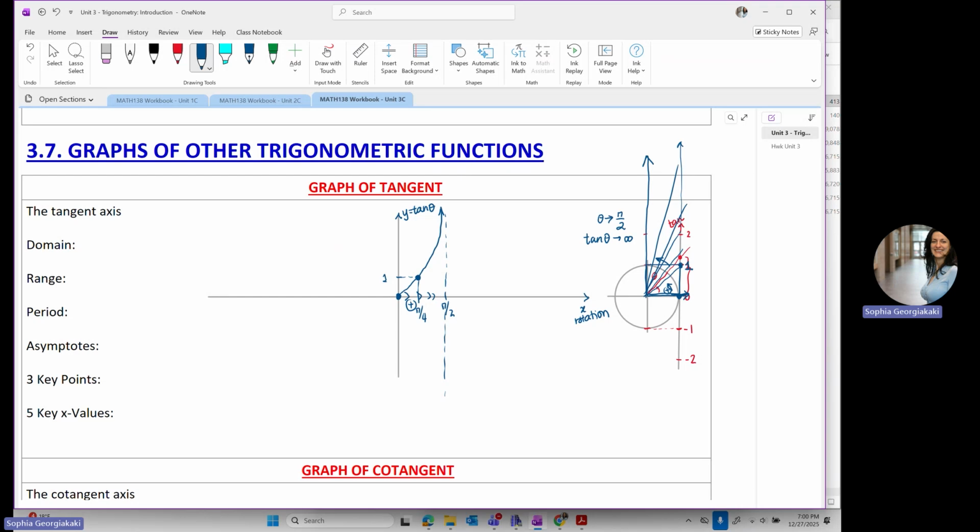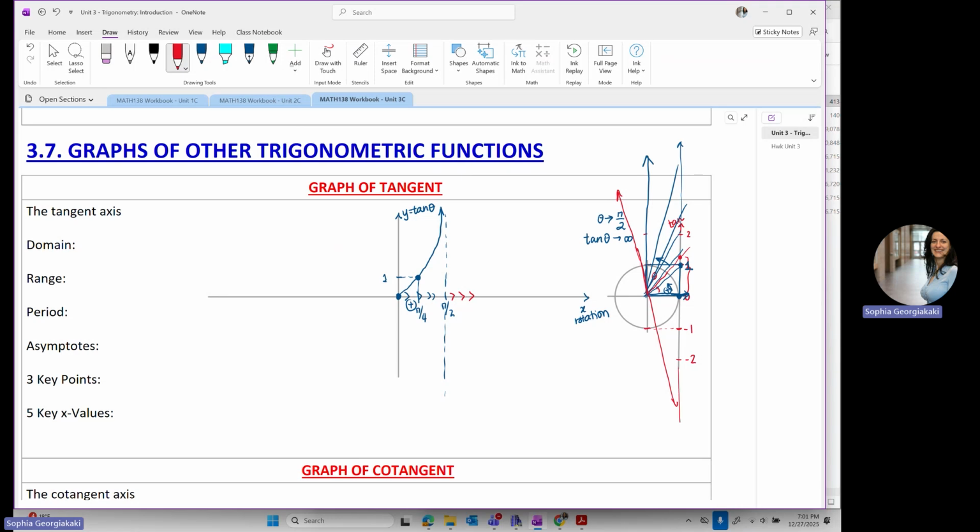As soon as I pass quadrant 1, so I have now passed the 90 degrees, I continue in the positive direction. I continue my rotations. I cannot intersect the tangent axis when I extend this terminal side. So to fix that problem, what we do is we extend the terminal side in the backwards direction.